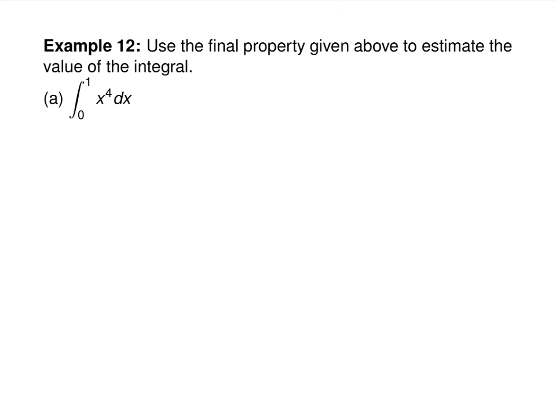So for example, x to the fourth. On the interval from 0 to 1, what is its lowest point? 0. What is its highest point? 1. So the min is 0, max is 1.